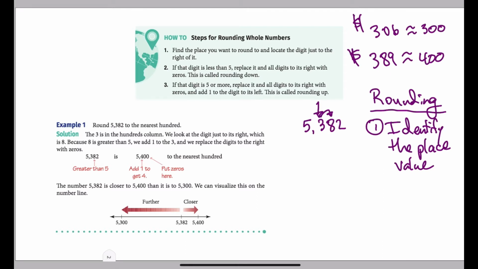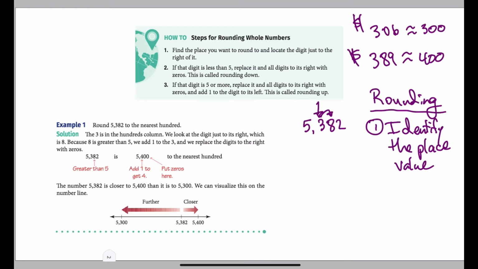That number is going to help us to decide, am I going to round up or am I going to round down? The short answer is that I'll round up whenever the neighbor number is 5 or more, and I'll round down whenever the neighbor number is 4 or less.